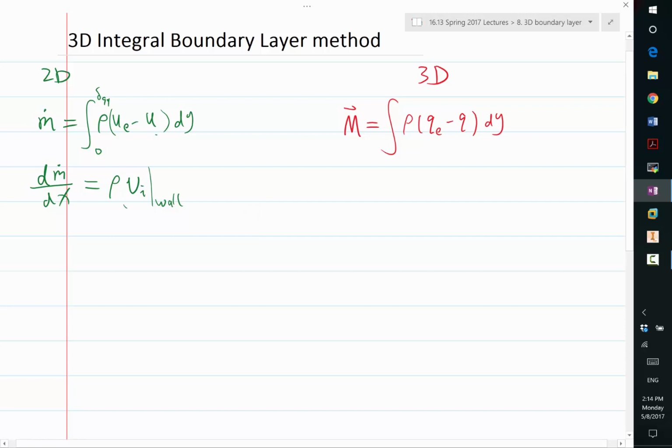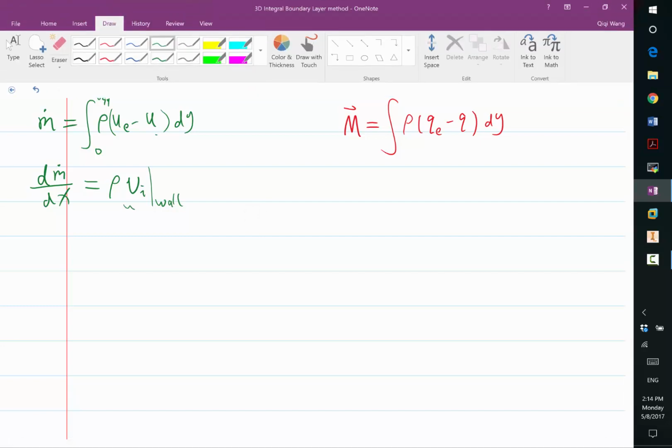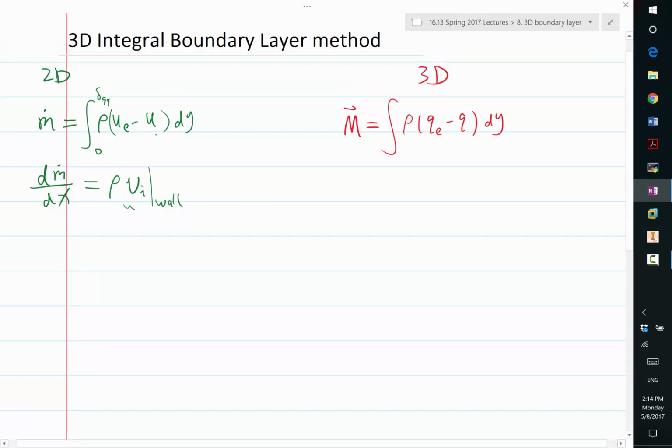So this is Vi. In the 3D case, we have the same thing, but we no longer have dm dot dx only. We have what? Think of this as derived from the mass conservation equation. We now have the divergence of this m in the x and z directions, right?